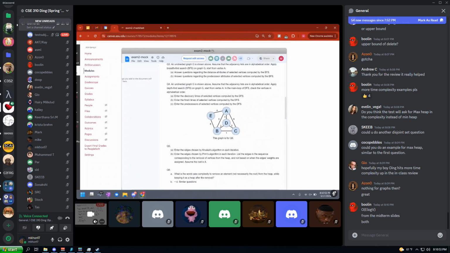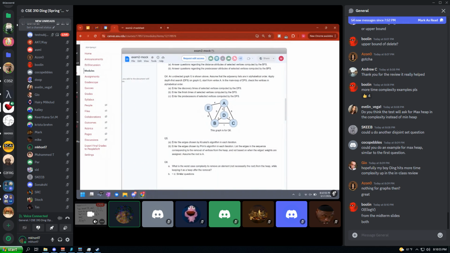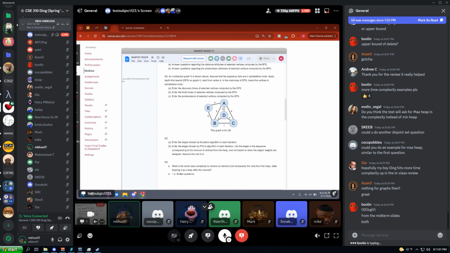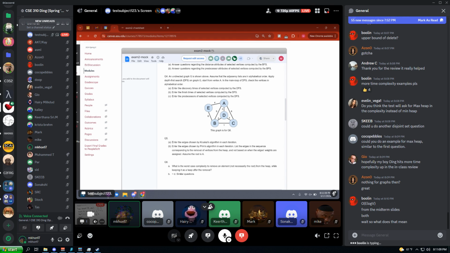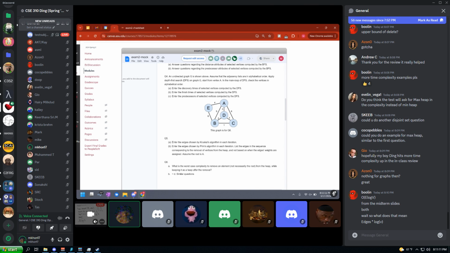Actually, I want to see how that works. Why is that? They might ask that, actually, now that I think about it. For Kruskal's, you just have to count the number of edges and then get E, right? So what big O of E log V means is the number of edges times the log of the number of vertices.